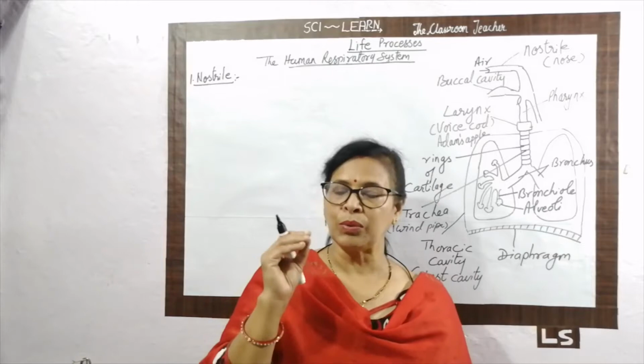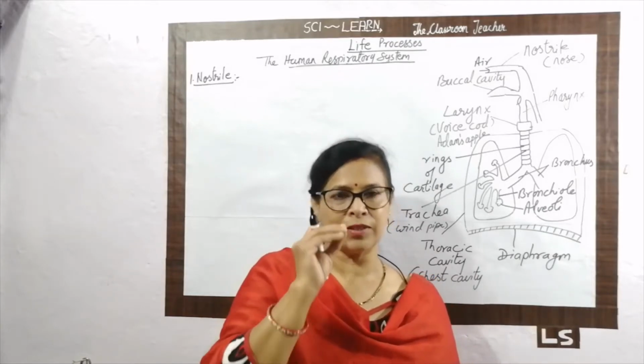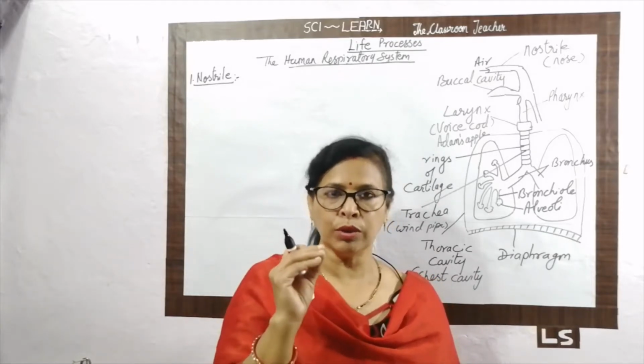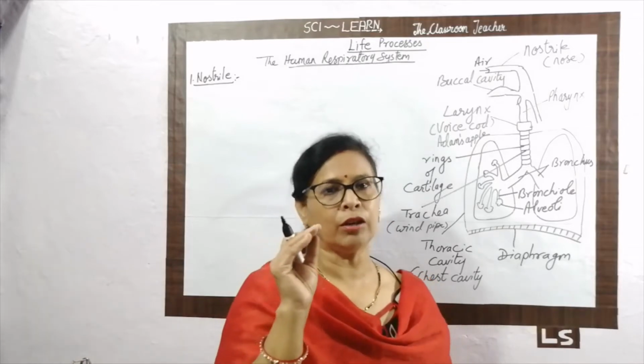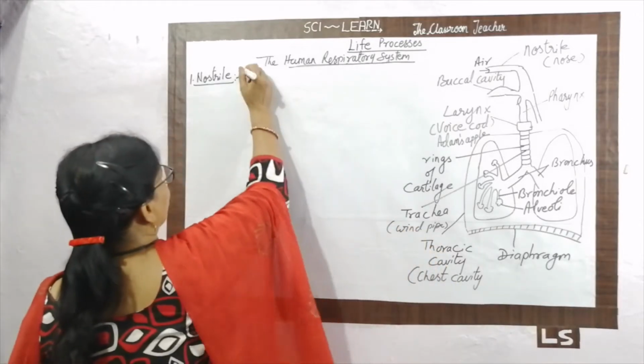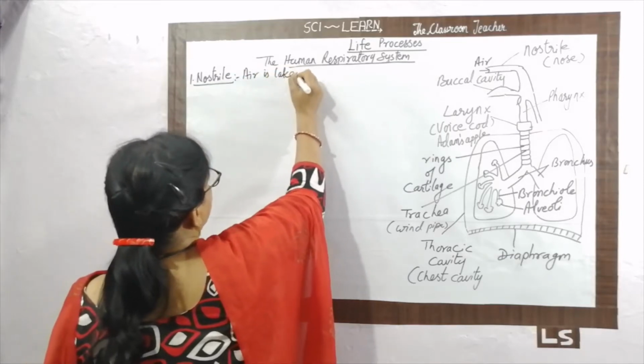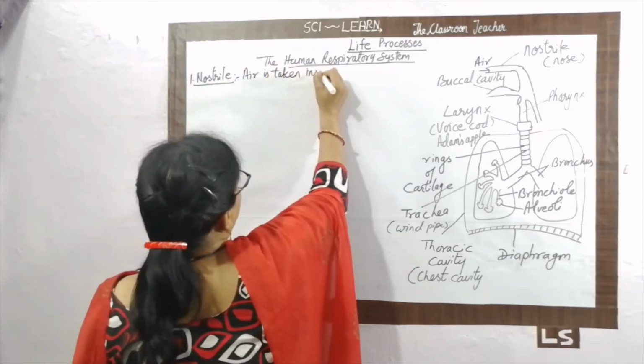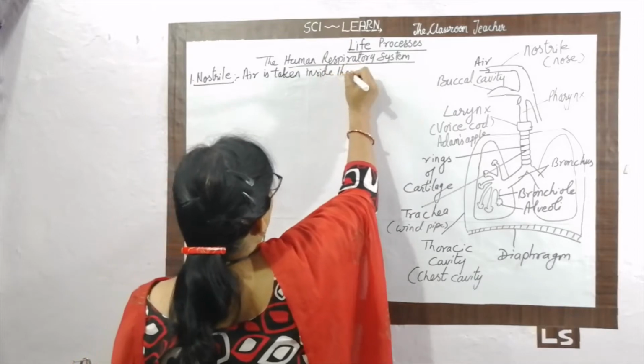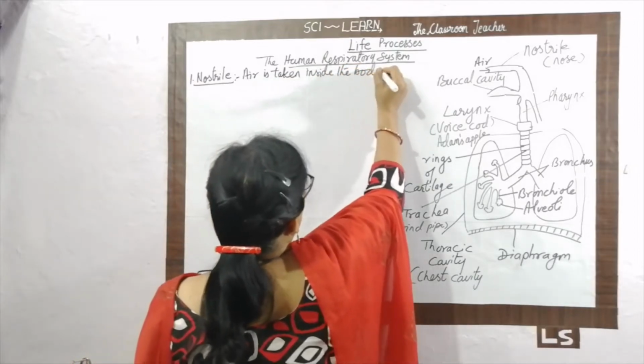And secondly, mucus is also present there, which moistens the air. Two important functions are performed by the nostril region. What is the work of the nostril region? Air is taken inside the body through it.